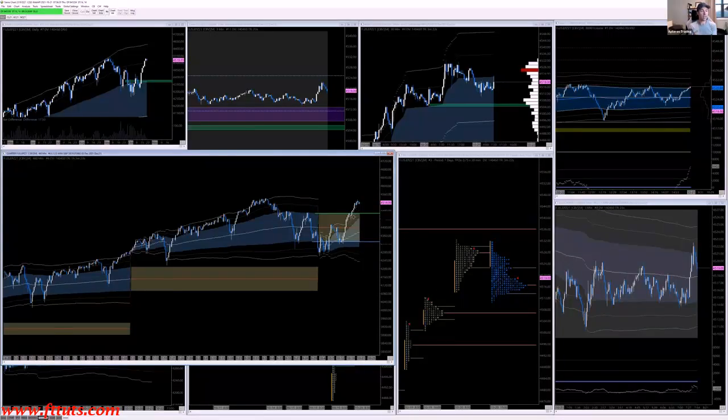No, they're the same thing, right? So we don't use both, but it's not like we can't look at this and read it. Just don't call it confluence or allow it to subconsciously affect your mind into thinking I've got more things going here, when in reality you only have one thing.